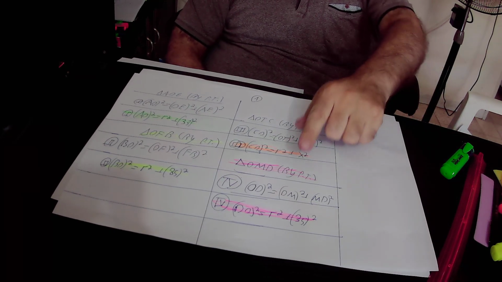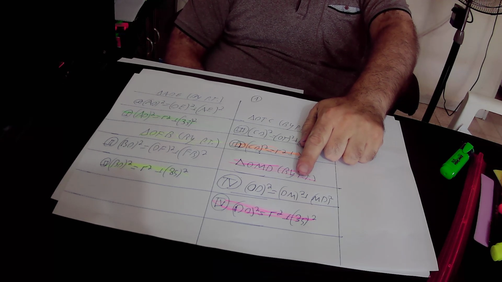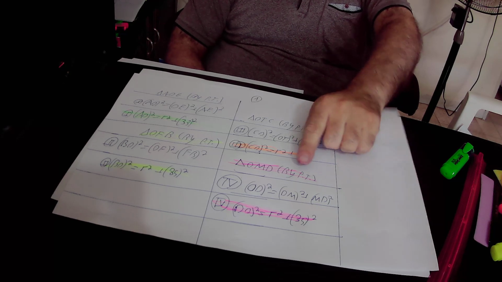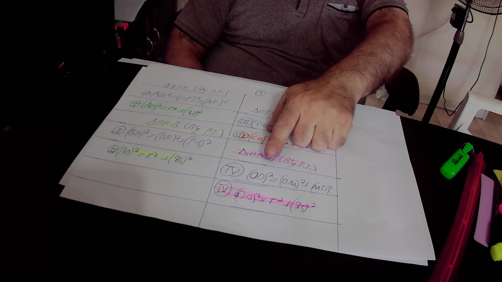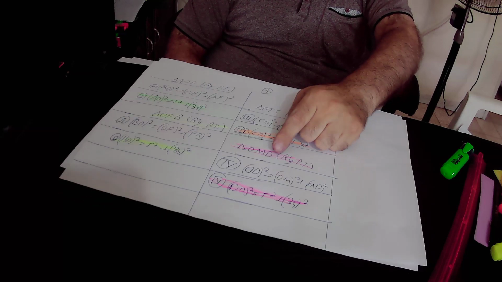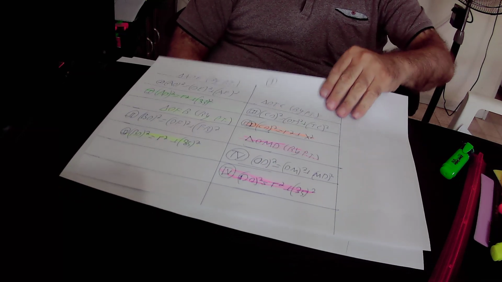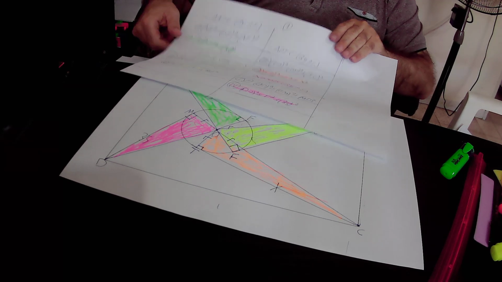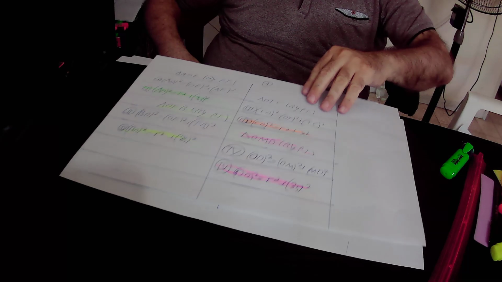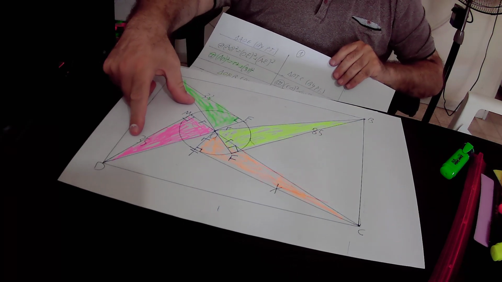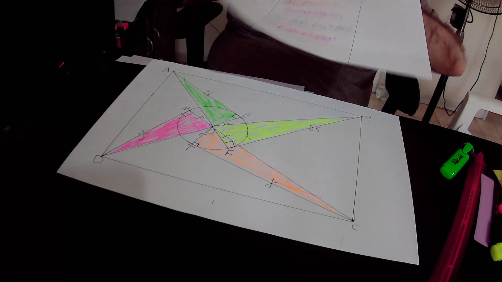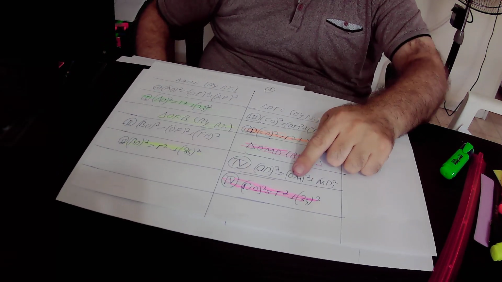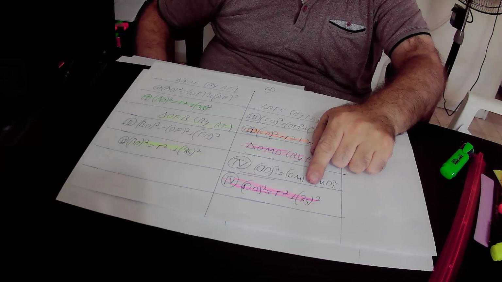MO equals R, therefore MO squared is R squared. According to what is given, MD equals 35 units, therefore MD squared is 35 squared. So in conclusion, according to equation number 4, OD squared equals R squared plus 35 squared.